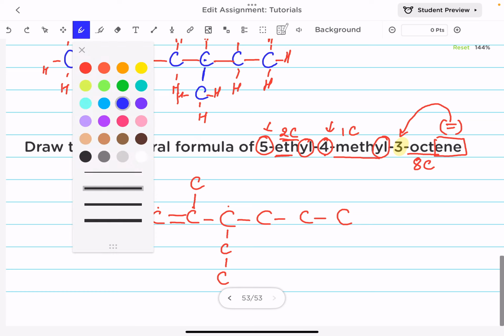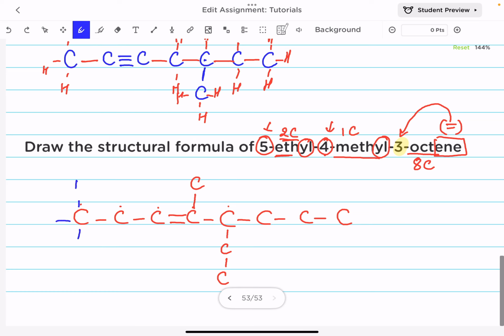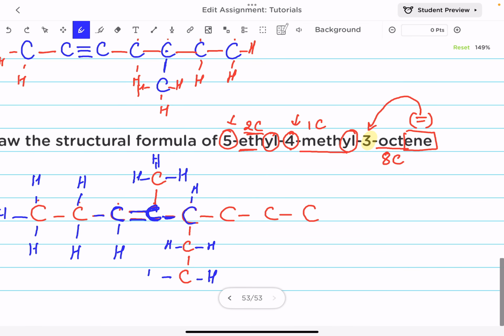Now let's place the hydrogens. This carbon, 1, 2, 3, 1 hydrogen. I can give it 1 more hydrogen. This carbon, no more hydrogens. This one, only 1 hydrogen remains here and here. And that's all.